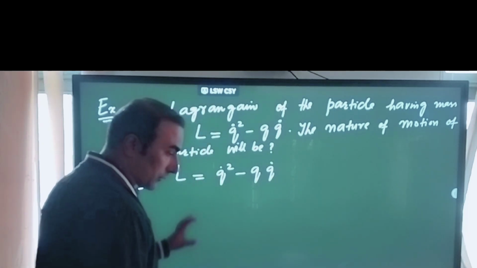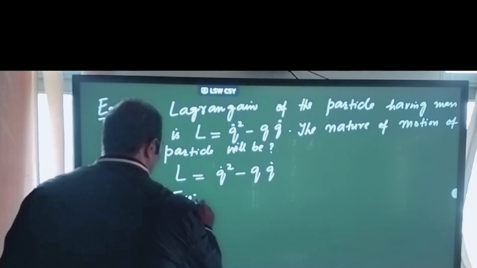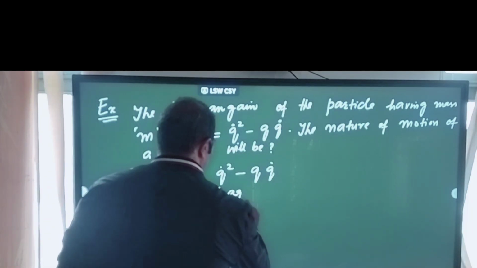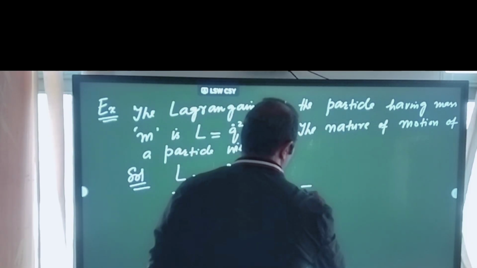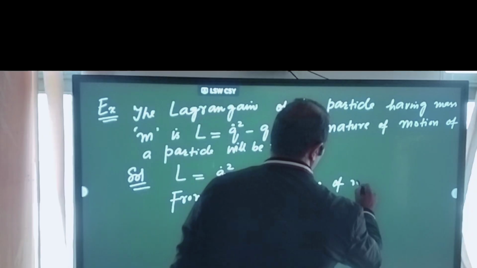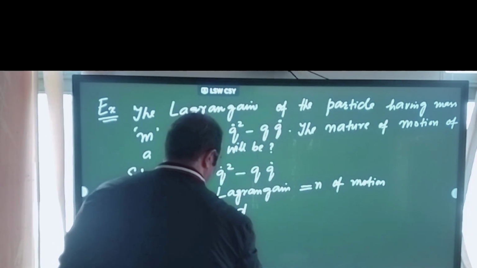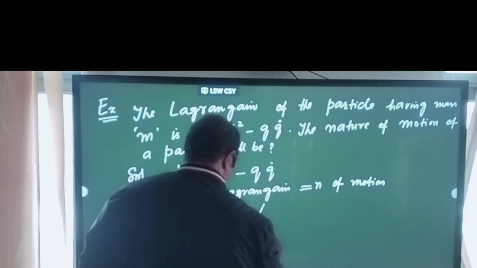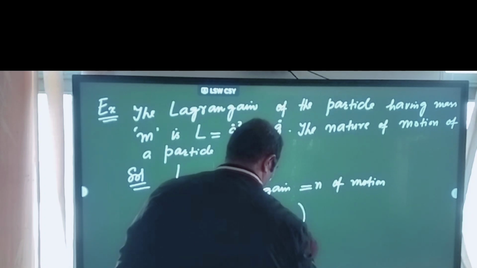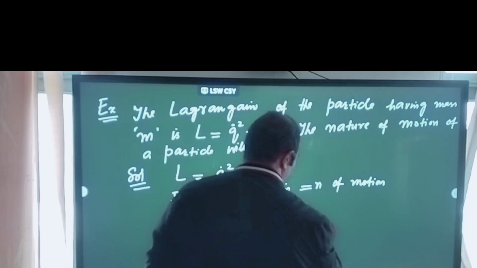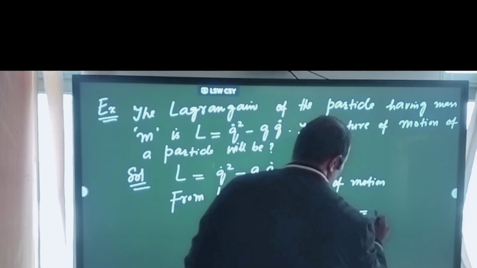Okay, so if I calculate now, from Lagrangian equation of motion, the Lagrangian equation of motion says that d by dt of partial L upon partial q dot minus partial L upon partial q, that is equal to 0.